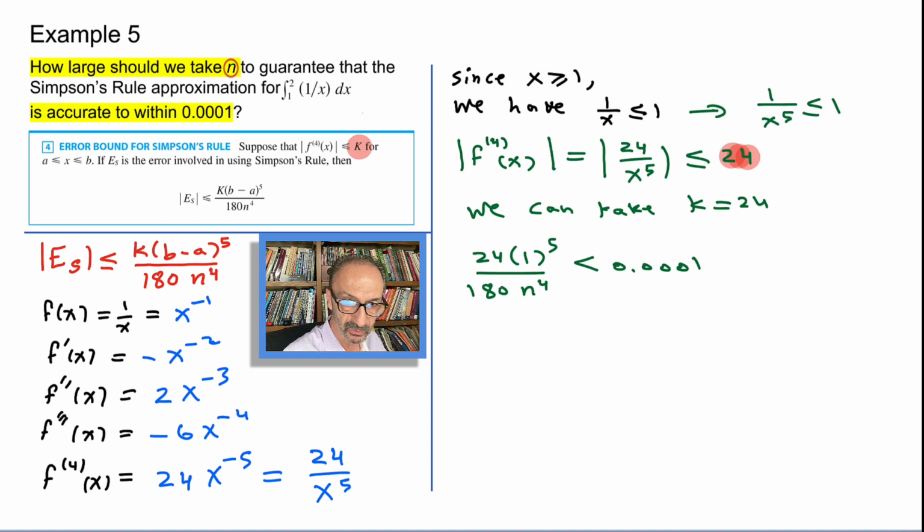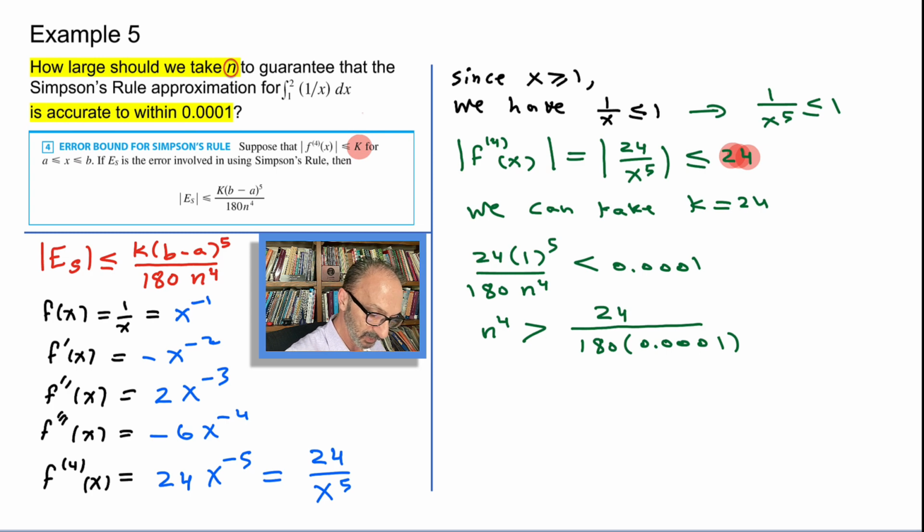Rearranging and having n to the 4th on one side, we have the following. N to the 4 will be greater than 24 times 1 to the 5th, which is just 1, over 180 multiplied by 0.0001.